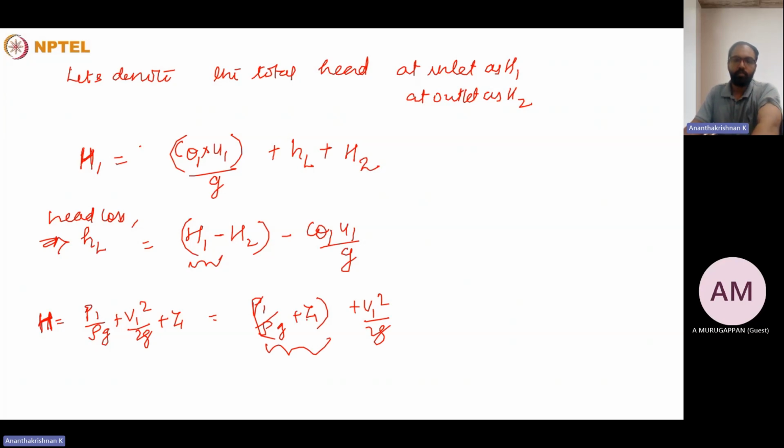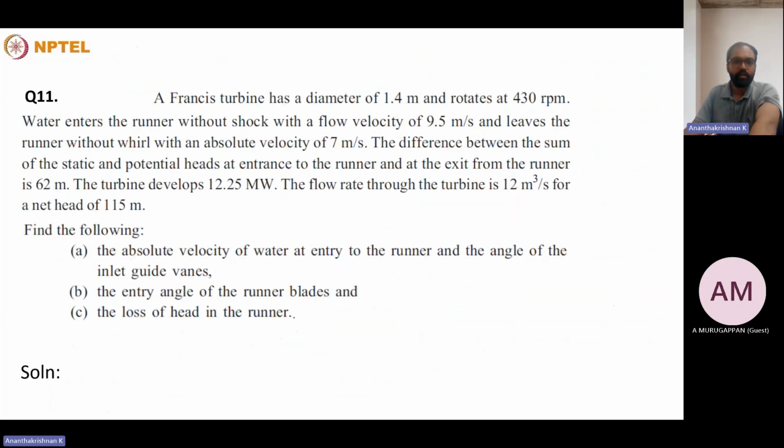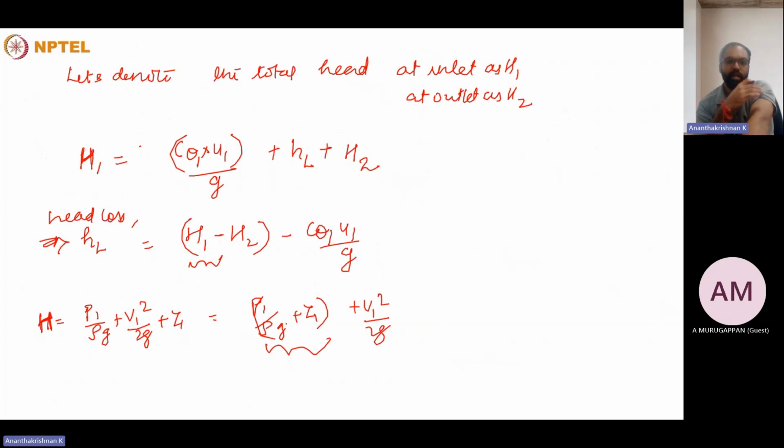In this particular problem, it's been mentioned that the difference between the sum of the static and the potential heads at the inlet to the runner and at the exit from the runner is 62 meter. So we need to try to accommodate that particular value in this analysis.